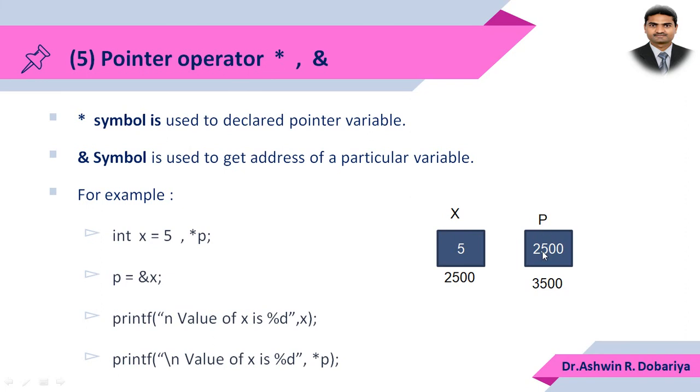So here p is pointing to the address 2500 and its value is 5. So here also the output is 5. The only difference is that here we are displaying the output using the normal variable, and here we are accessing the value using the pointer variable. We'll discuss the pointer variable in detail in an upcoming video.